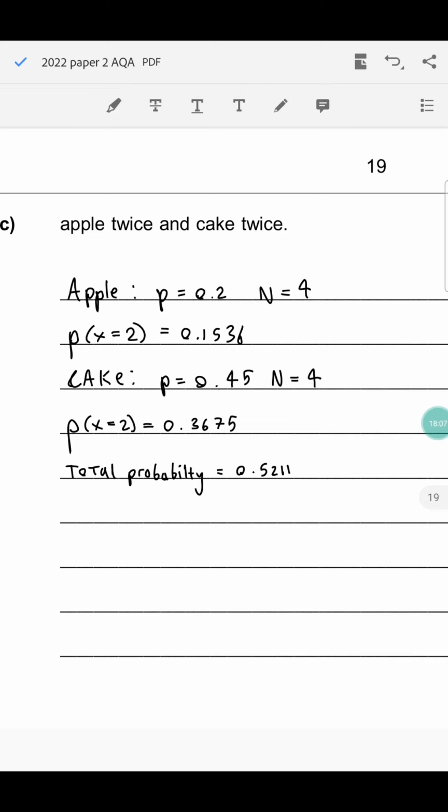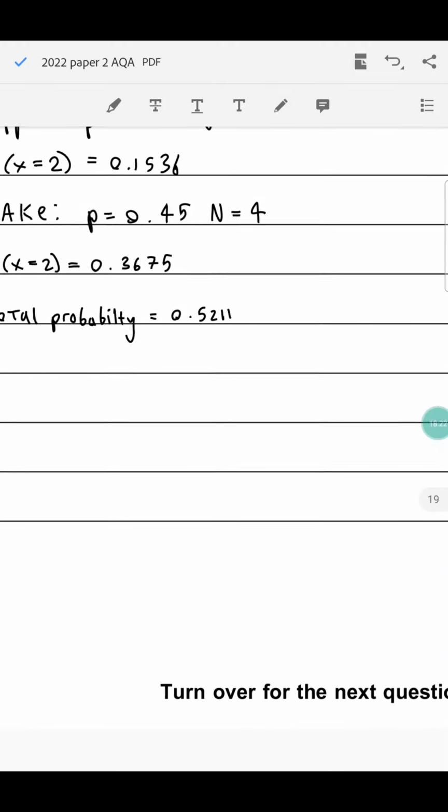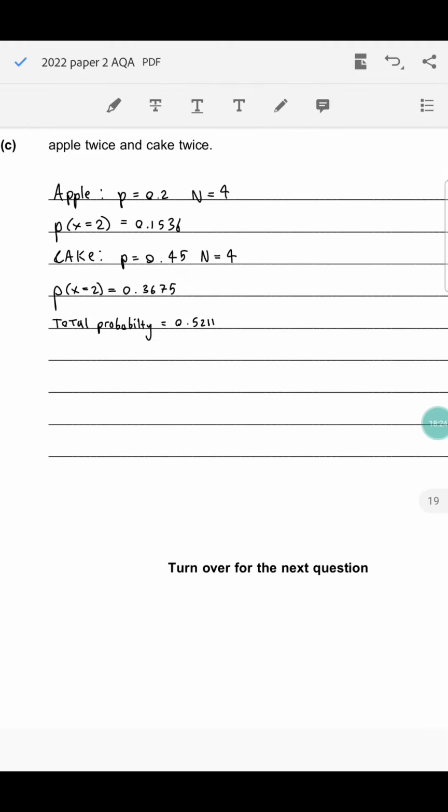So if we put this into our PD, we get an answer of 0.1536 for an apple, and for a cake we get 0.3675. And then we add them together to get 0.5211 to get the total probability.